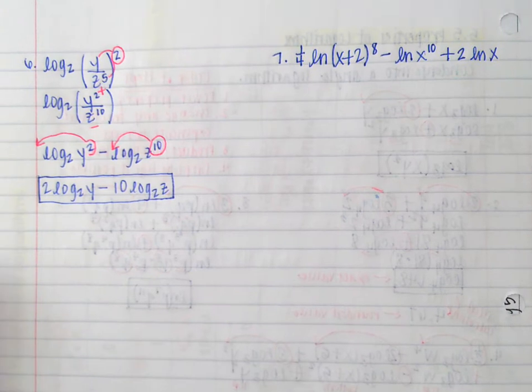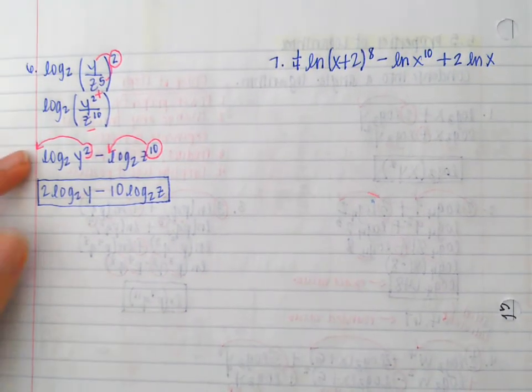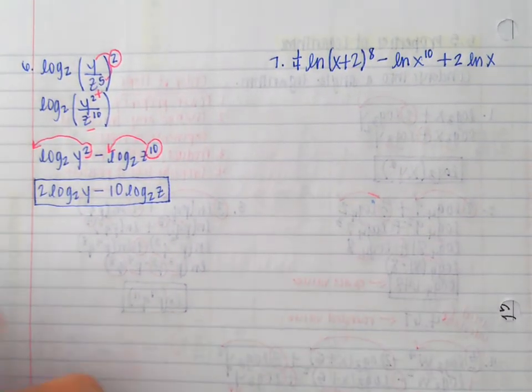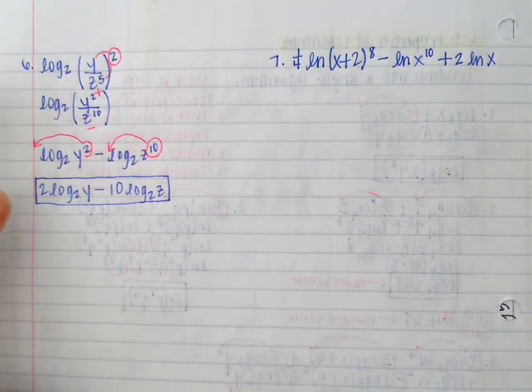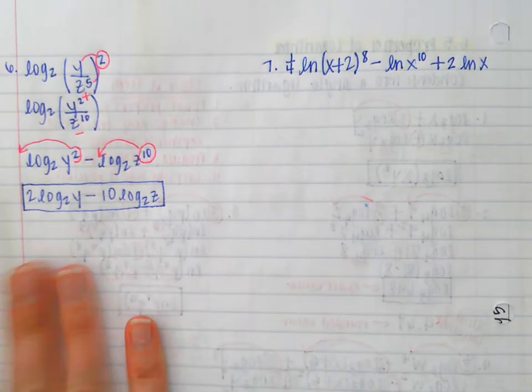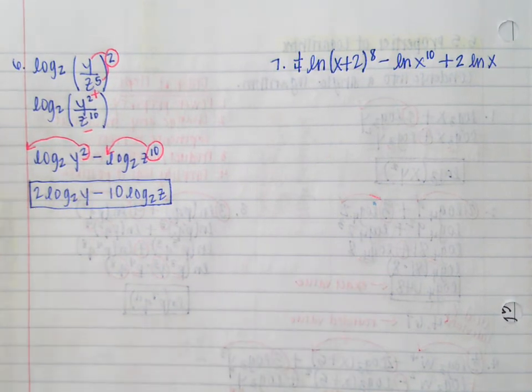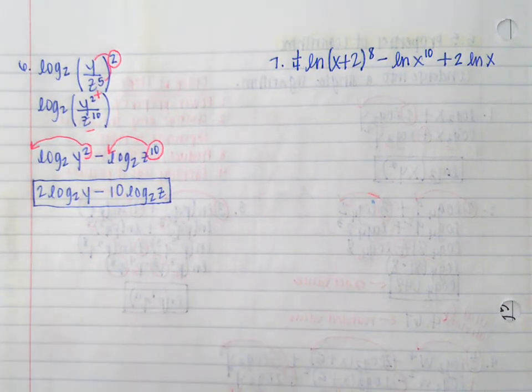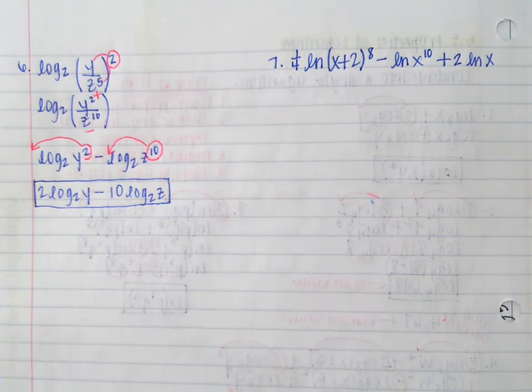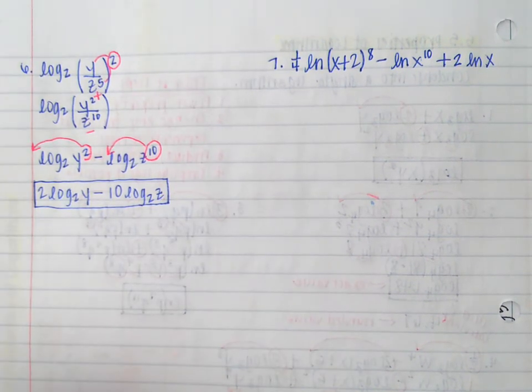If you want to pause me here, try this one on your own. If you want to just watch me do it, that's fine too. Expanding and condensing comes into play a lot in the next section, so it's something we use over and over.